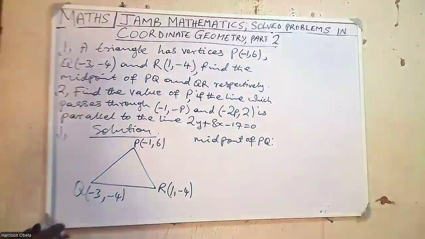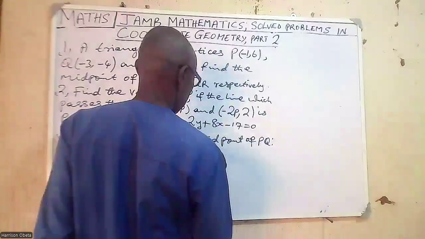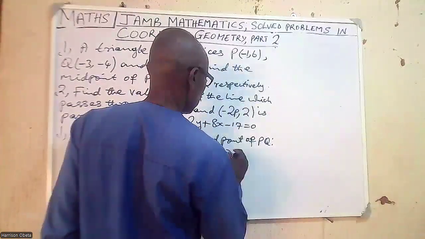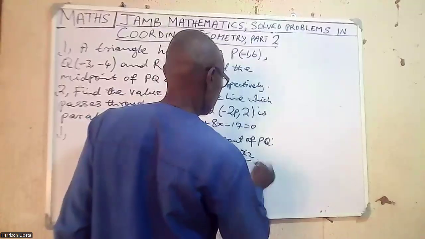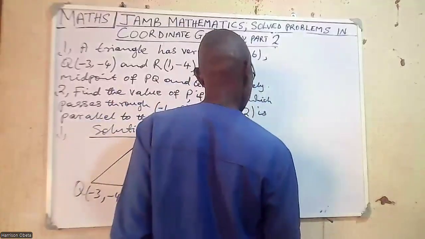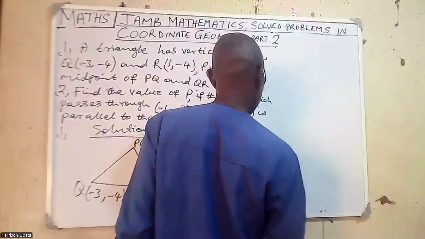We know the formula for the midpoint of a line: x equal to x1 plus x2 all over 2, and y equal to y1 plus y2 all over 2.